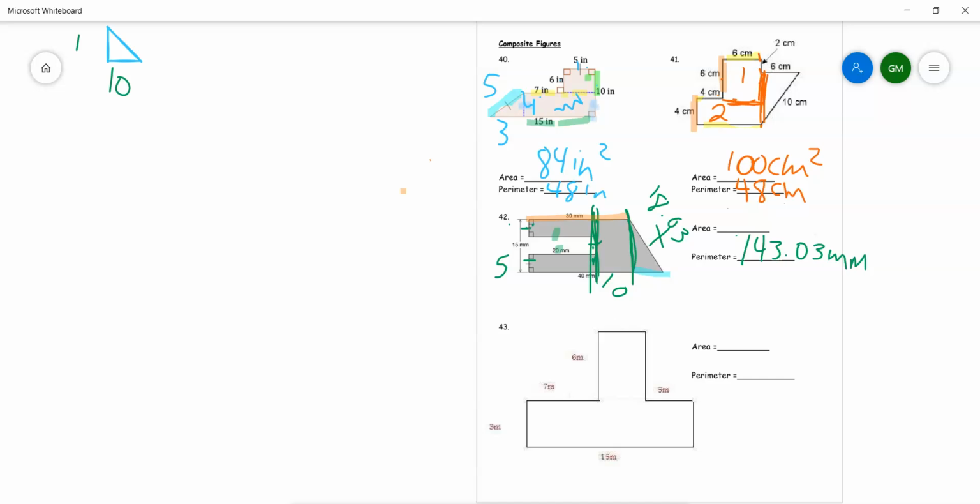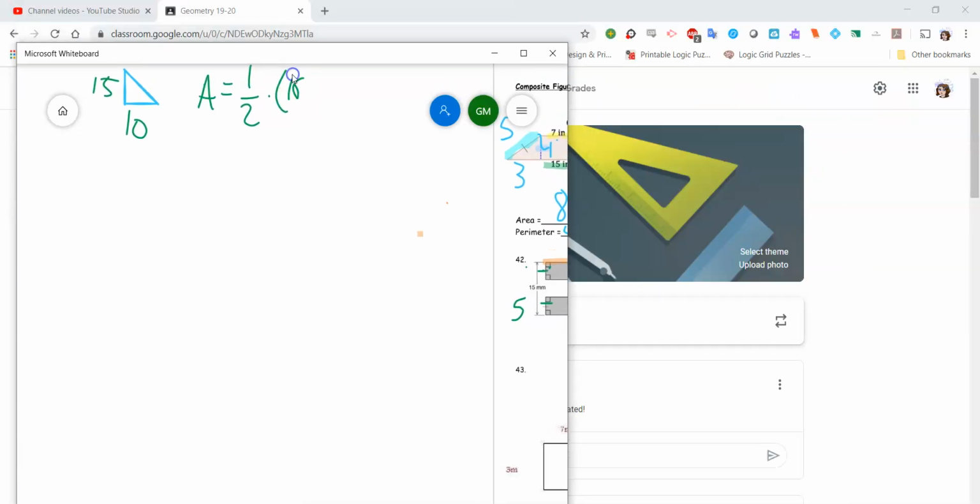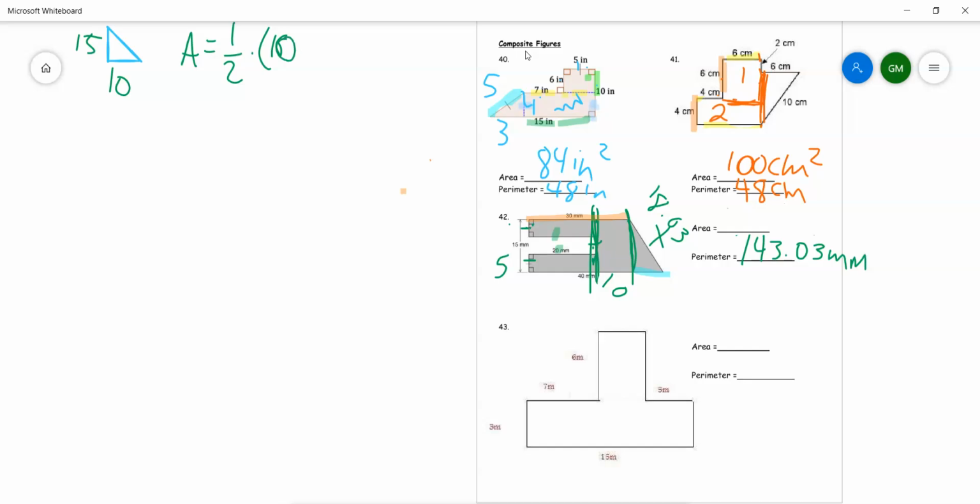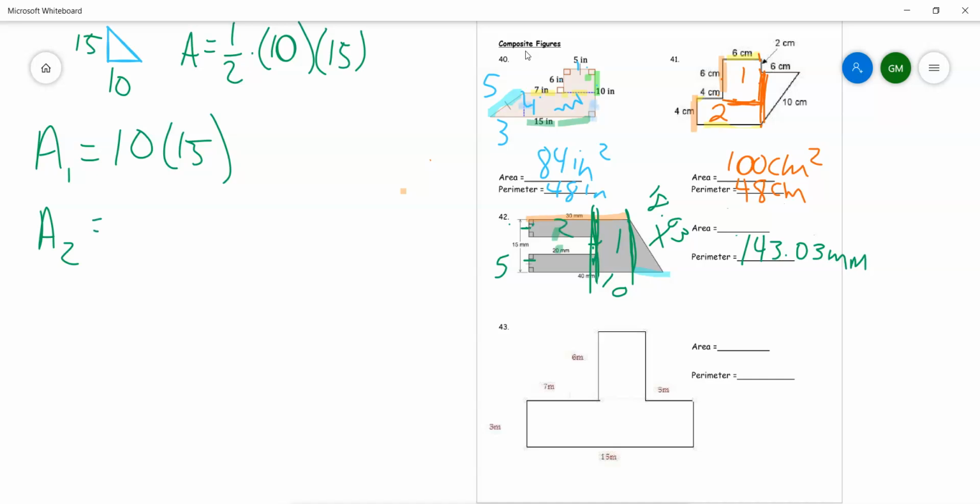It's 10 by 15. So the area of the triangle is 1/2 times 10 times 15. And then area of rectangle 1 is just 10 times 15. Area of triangle 2 and 3, because they're the same, is going to be 5 times 20.